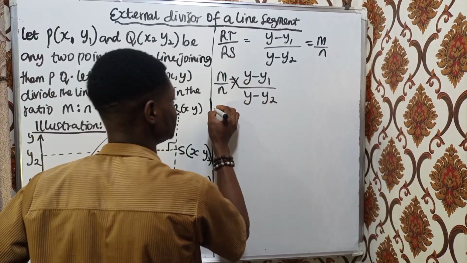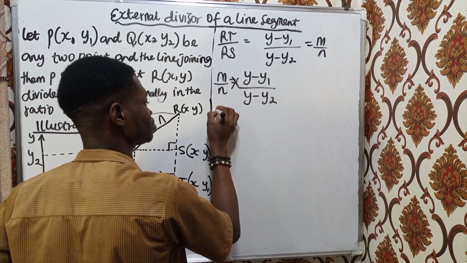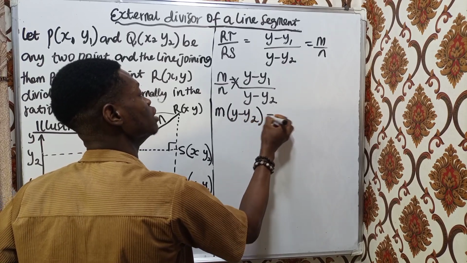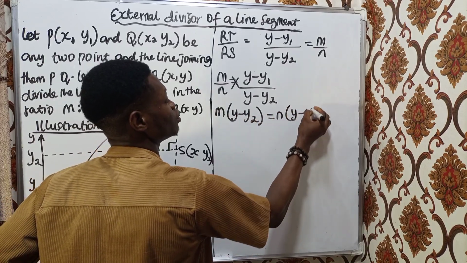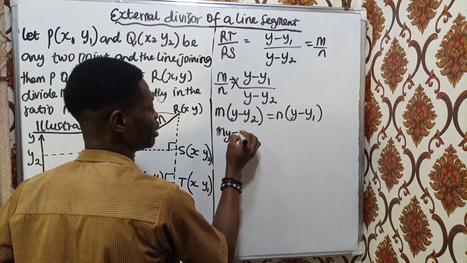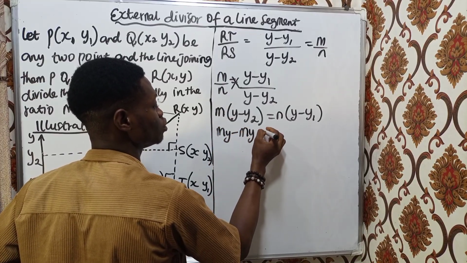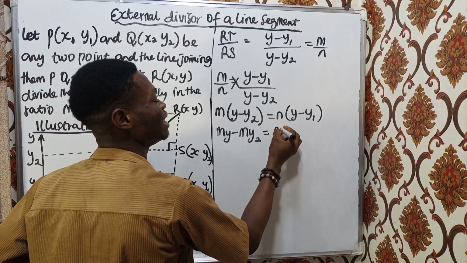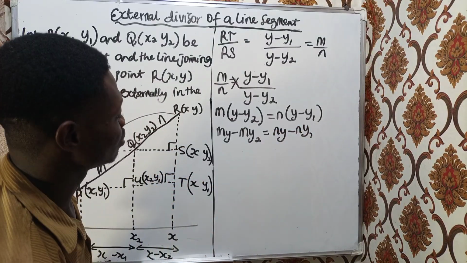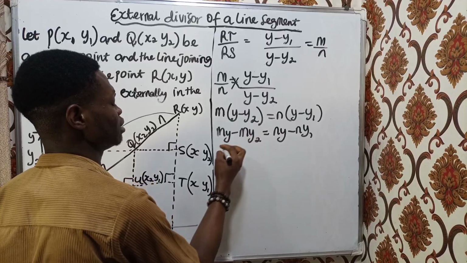Cross multiply. So we are going to have m parenthesis y minus y2 is equals to n parenthesis y minus y1. This times this will give you my minus my2, sorry, ny minus ny1.